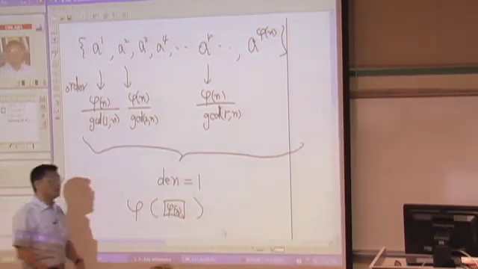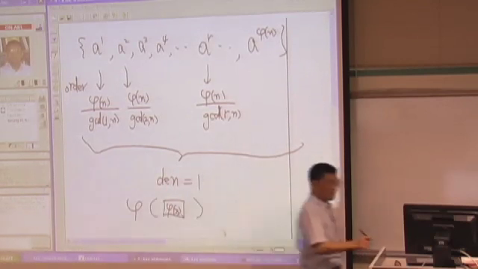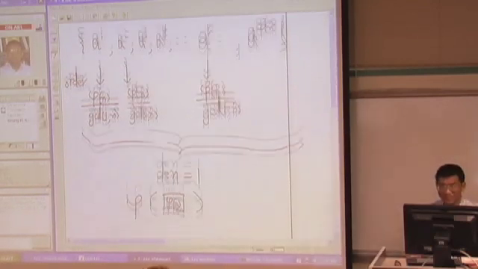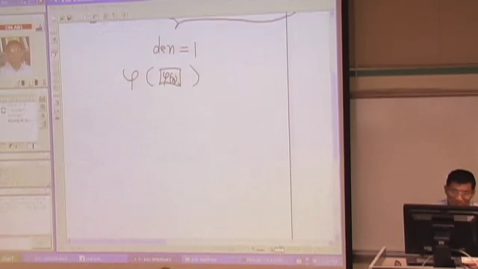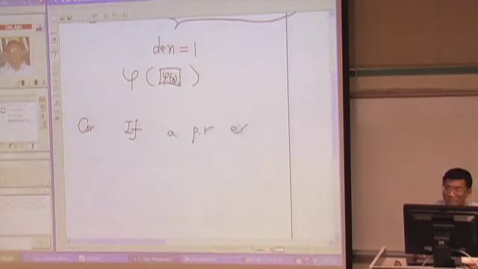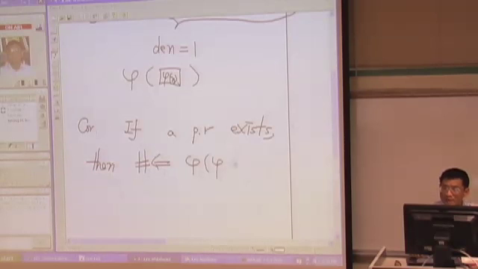So this is the proof of the corollary: if a primitive root exists, then the number of total primitive roots is phi of phi of n.